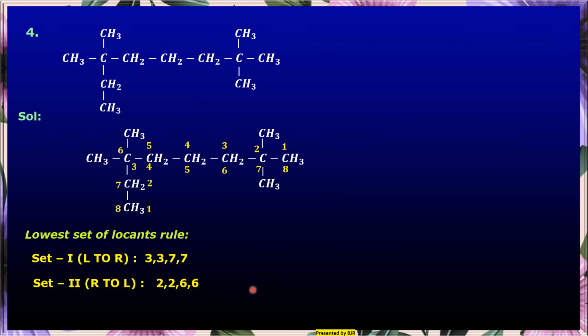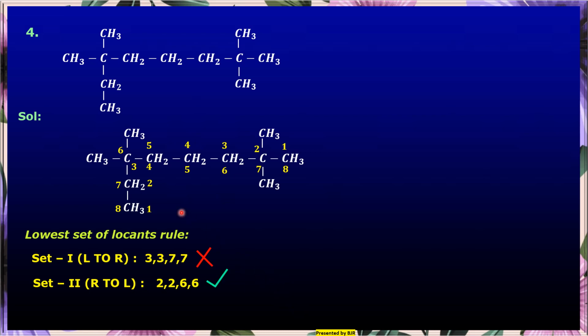Okay, so if we compare these two locants sets term by term, at the first point of difference only 2 is less than 3. That means set 2 is lower than set 1. So this is the correct one. This is the wrong one.